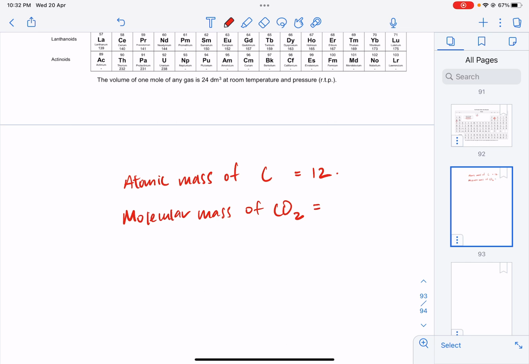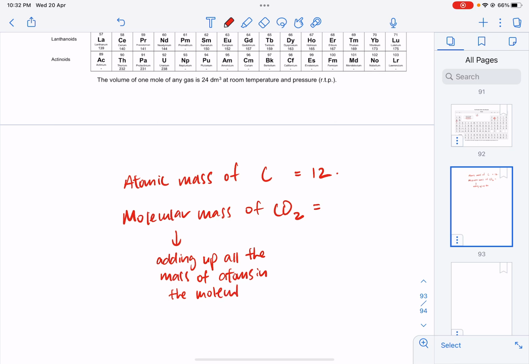It is just adding up all the mass of atoms in the molecule.